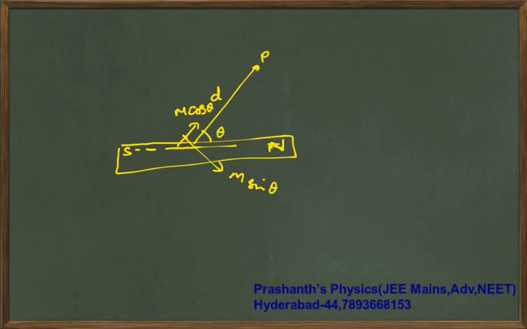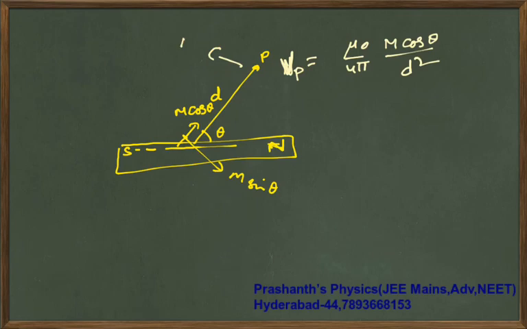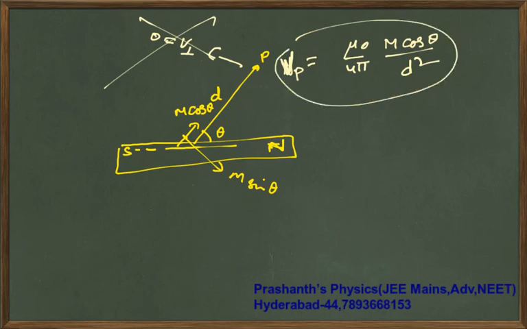At this point if you are considering the potential, because of m cos theta, the potential on the axial line for a short dipole is mu naught by 4 pi into m cos theta by d square. Because of this perpendicular component it is anyhow 0, on the equatorial line your potential is 0. At some general point you can give the answer as this much. But trust me, this will be anyhow very small, so you need to be very precise in doing the calculation. It's just a general value, that's all, nothing more in this part.